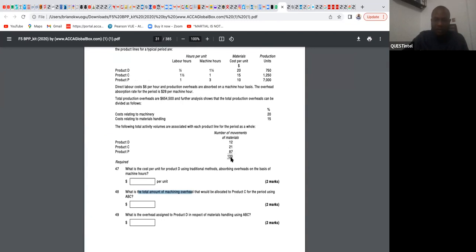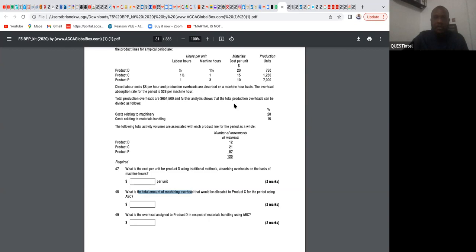They've already given us the total, which is good. So we get our cost driver rate, which is our overhead per movement of material. We spend that for every movement of material. How many movements of materials do we have for product D? We have 12 for product D, and from there we'll get our answer.